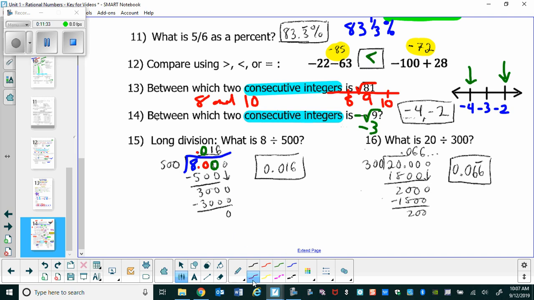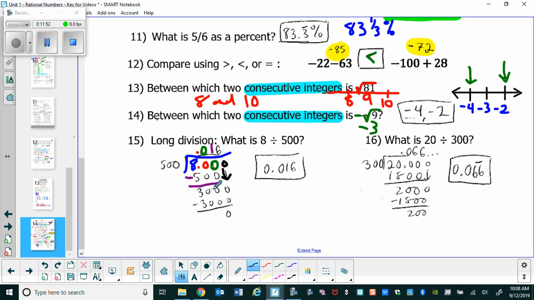And now I can get going with 500 goes into 800 one time, and that's me subtracting the 500. I get 300 left over, and at this point it's okay to bring down this 0 to make it 3,000.